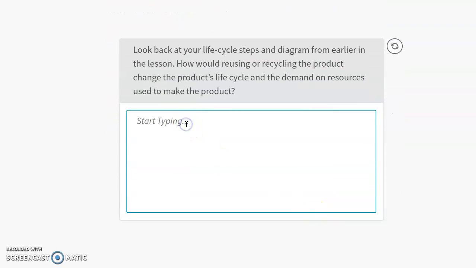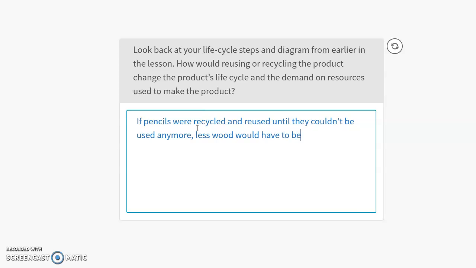All right, this is the pencil that we drew. Look back at our pencil life cycle. How would reusing or recycling it change the life cycle and demand on resources? So if pencils were recycled and reused until they couldn't be used anymore, less wood would have to be chopped down in the forest.